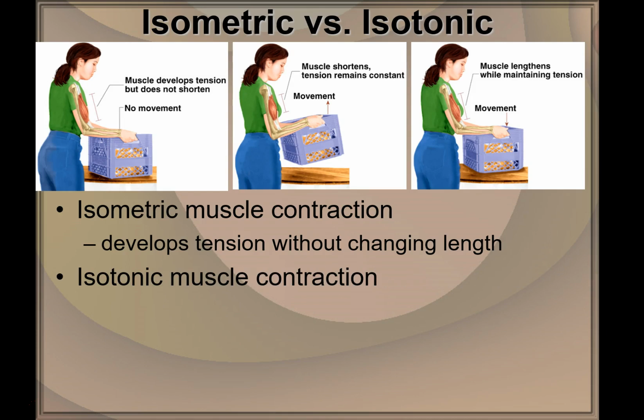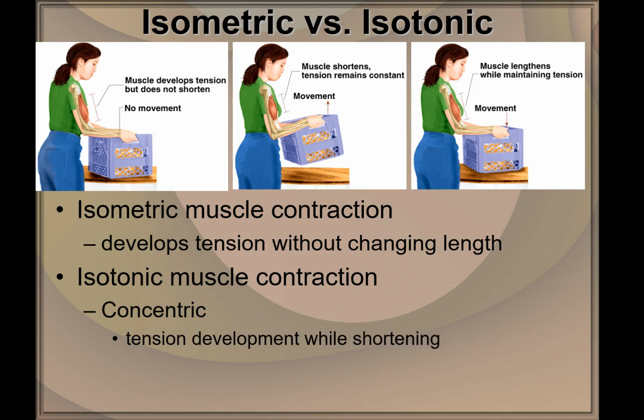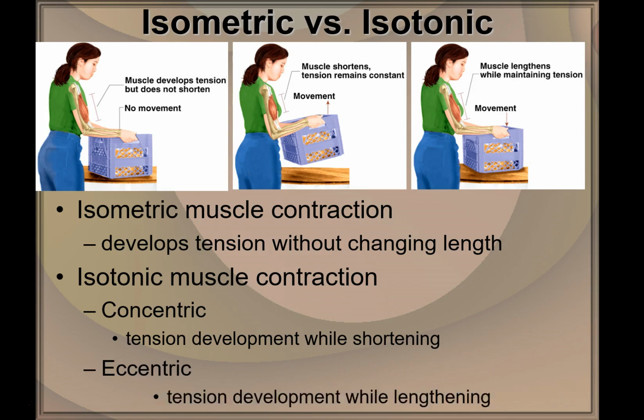Isotonic muscle contractions are more of what we think of. The muscle contracts and it shortens. There's actually two phases to that. There's the concentric contraction, where tension develops while the muscle shortens. And tension can develop while the muscle lengthens, the other way. Sometimes weightlifters will call that the negative.